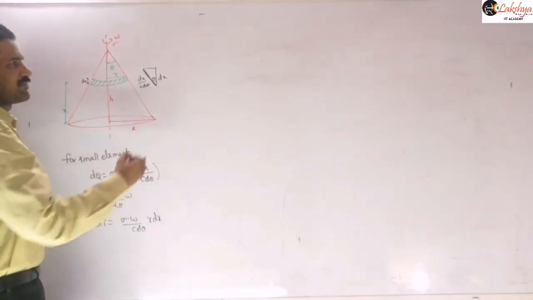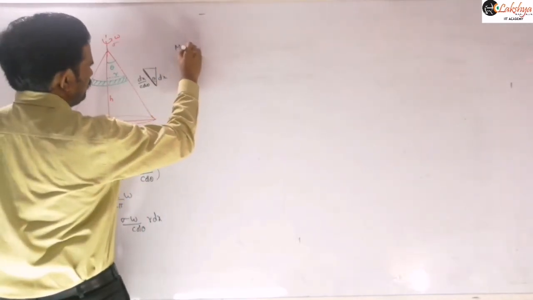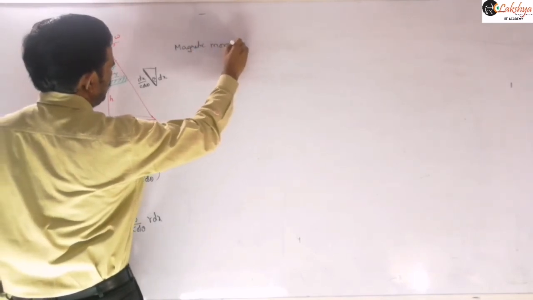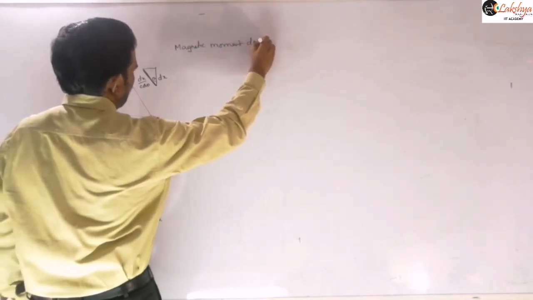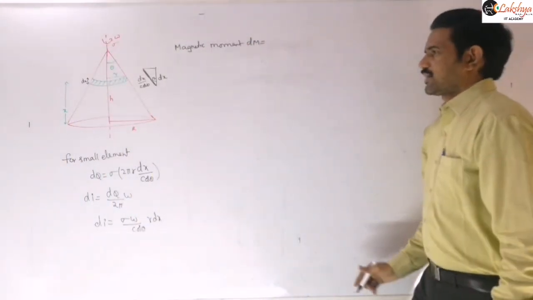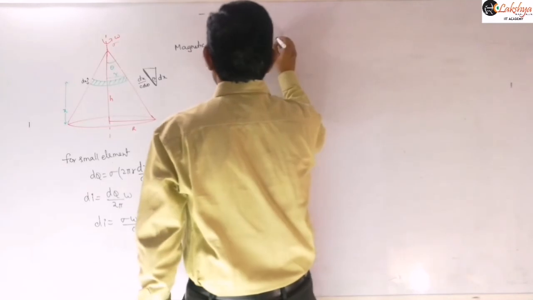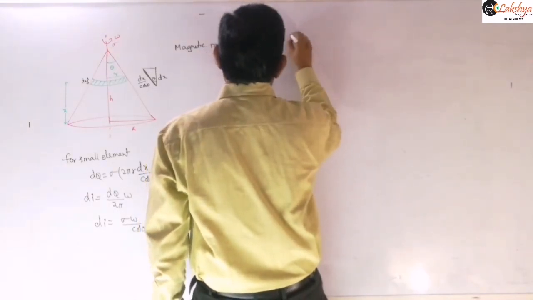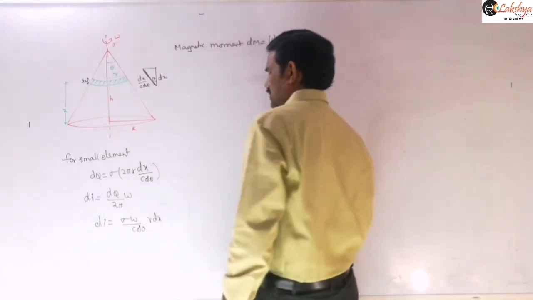And now the magnetic moment, let us write there. So the magnetic moment dm is equal to the magnetic moment of this small element only. So dm is equal to di into the area of that element, pi r square.